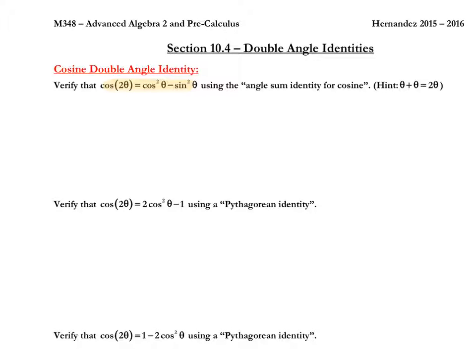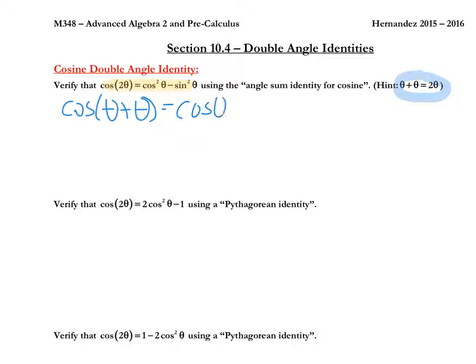So we're going to say that theta plus theta equals 2 theta. As we write that out, it's going to be cosine of theta plus theta. And then we're going to use our cosine sum identity, which was what you guys were quizzed on.